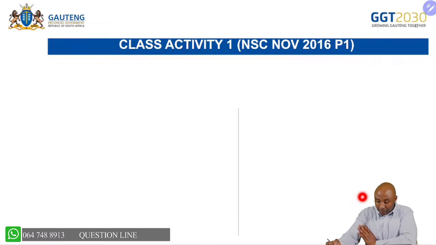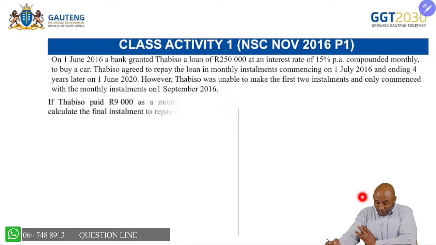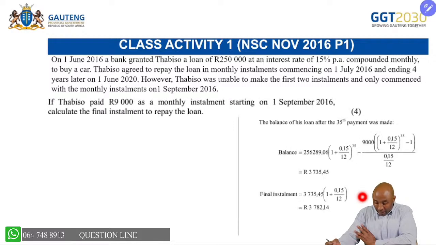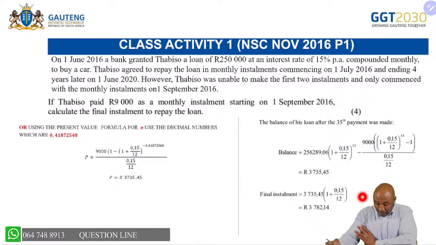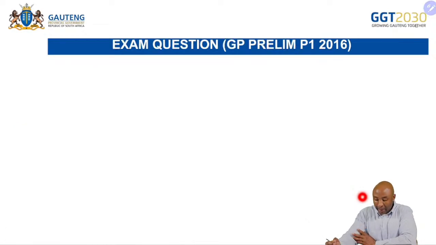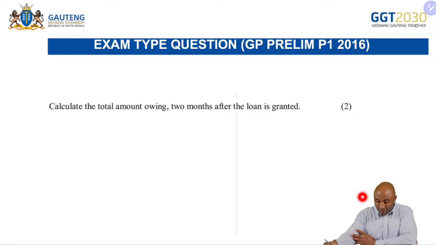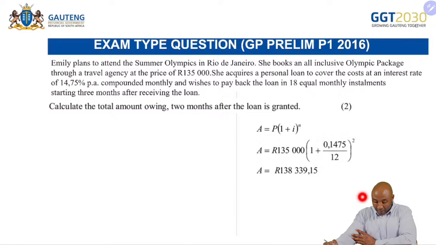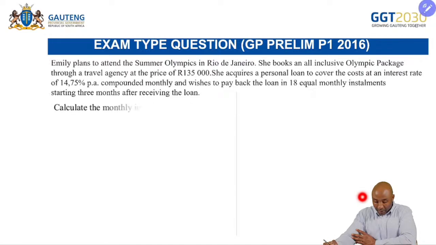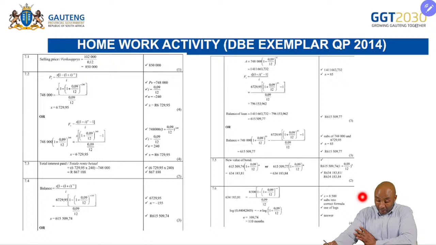Now, we have discussed this. Now you can quickly take that one. You will do it later on at home. Take a picture of it, and also you take the following question.